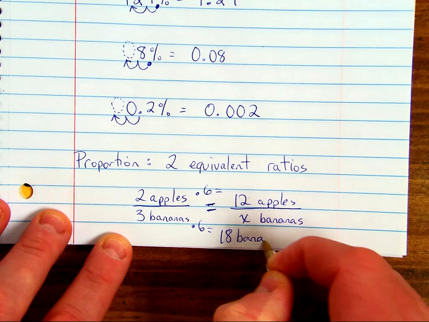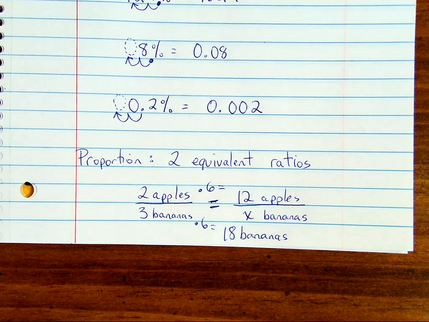All right, now that we got that basic information out of the way, let me ask you this. Just to check your remembering. 2/3. 2 apples to 3 bananas. Is that a ratio? Yes, it is. Is this a rate?